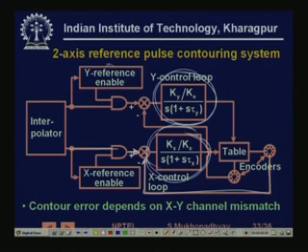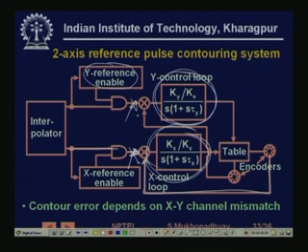And there is an enable. Whenever the interpolator disables these pulses, the inputs go to 0, and then only encoder pulses will be coming, and the counter values will go down, as we have discussed.